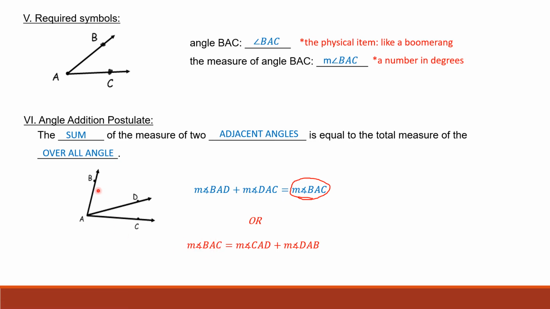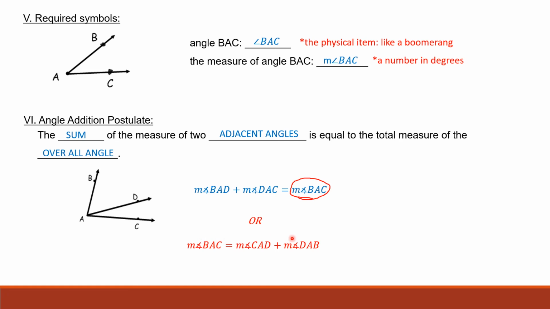So the measure of angle BAC equals, and then since I was down here at the bottom, I just started there, the measure of angle CAD plus the measure of angle DAB. So the important part is the two smaller angles add together, and that's equal to the overall big angle they fanned out to.